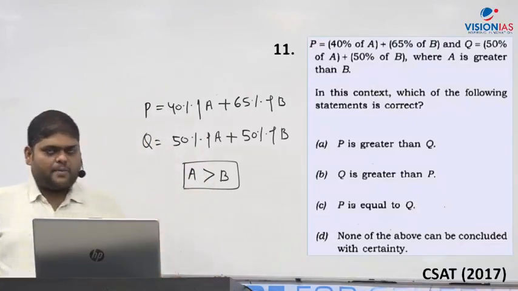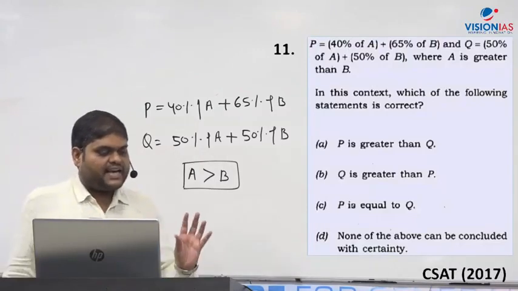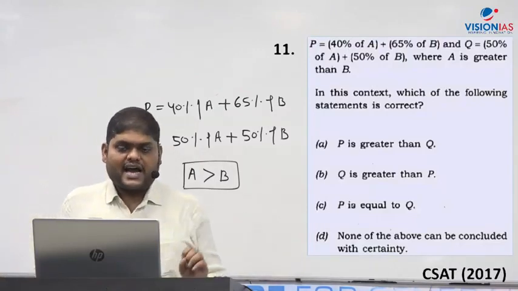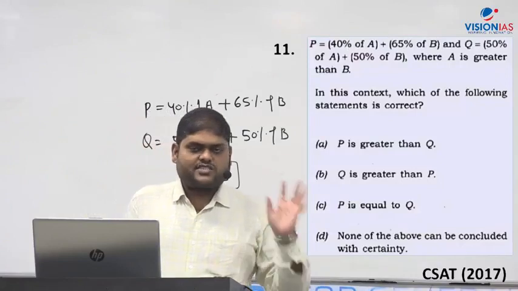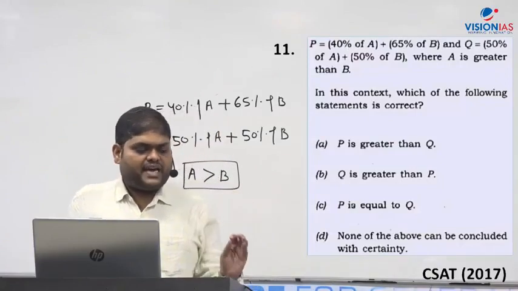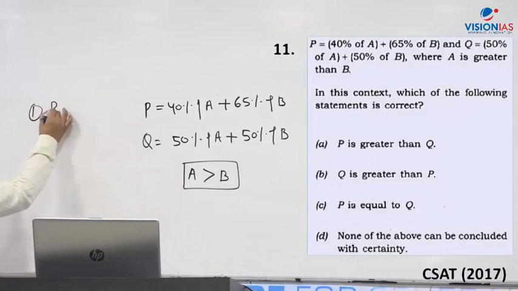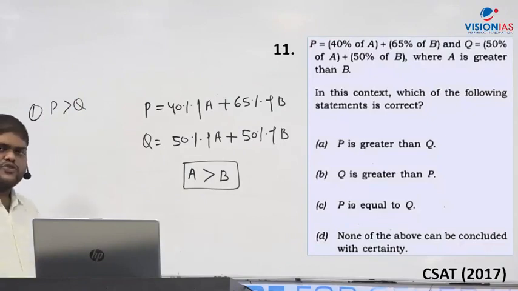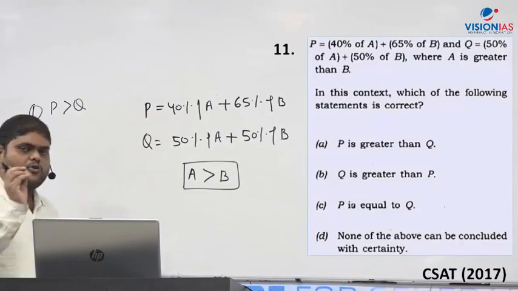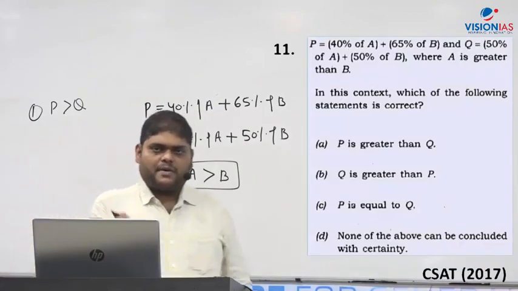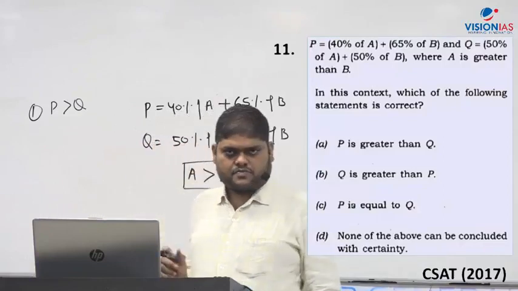So, for example, the first option, P is greater than Q. Can I prove this option wrong? If I make this option wrong, we can answer that will be the correct answer. If we are not able to make it wrong, it will be a wrong option.